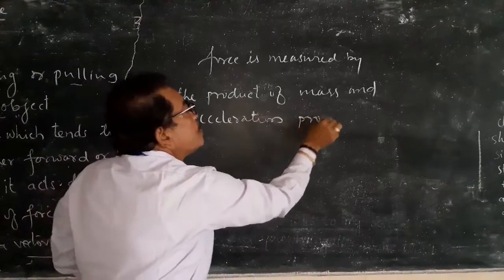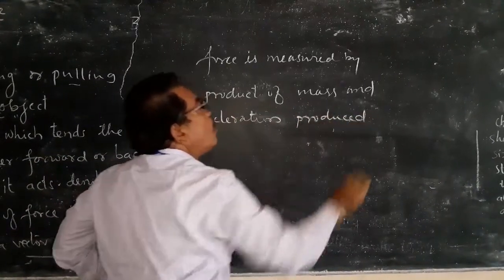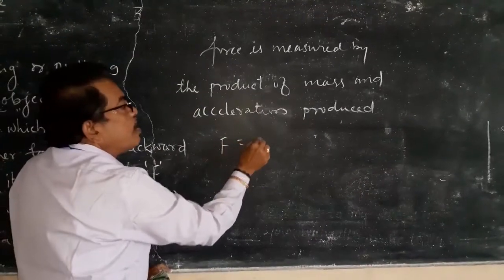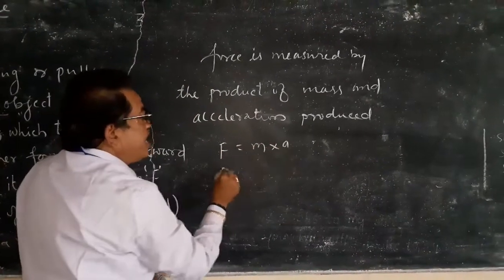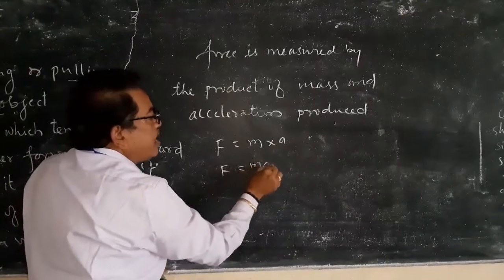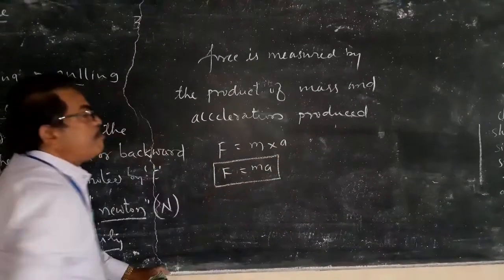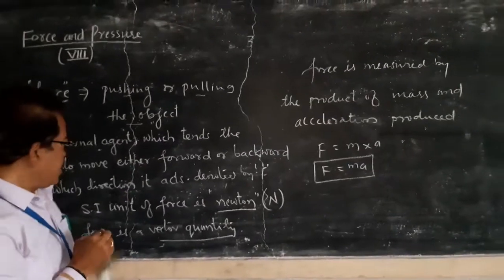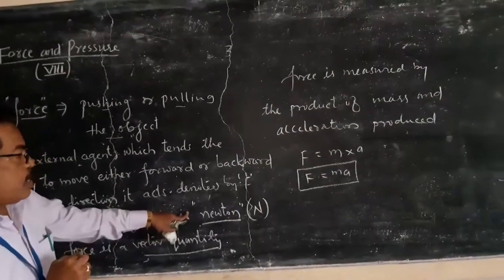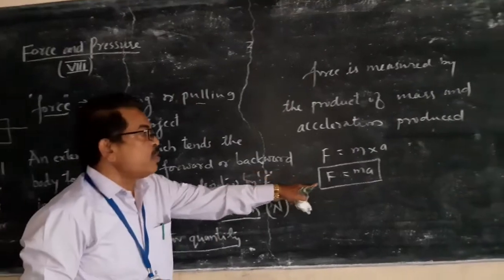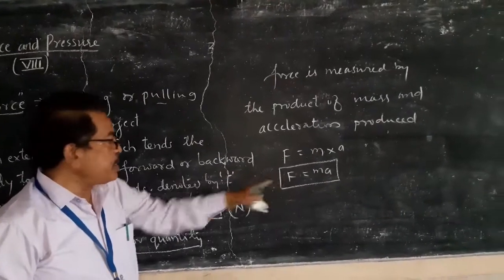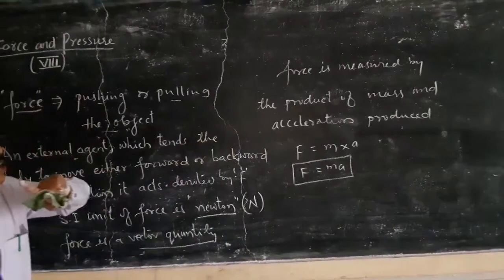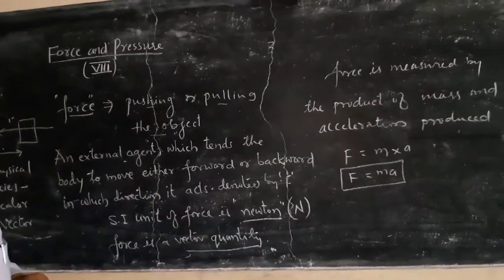So we can represent it mathematically as F equals m into a, that is F = ma. This is the measurement of force. The SI unit of force is Newton, so whenever we calculate the force, we have to mention its unit as Newton.